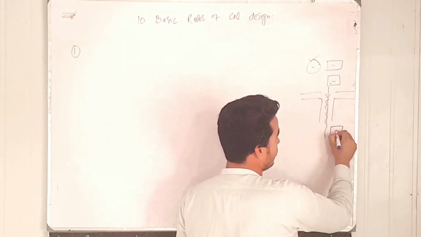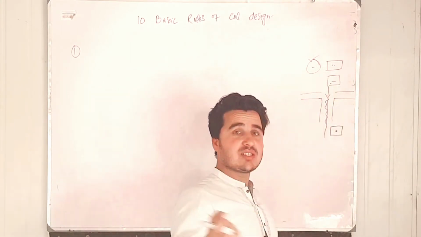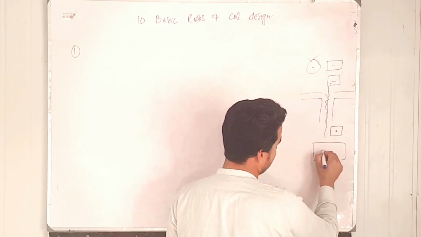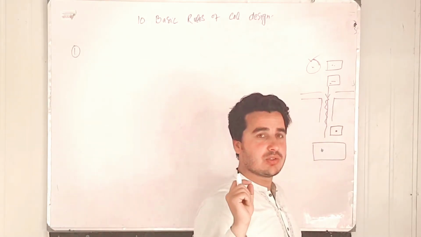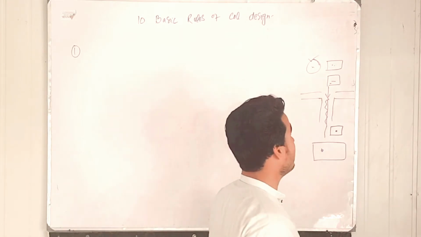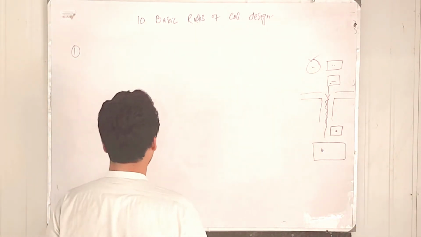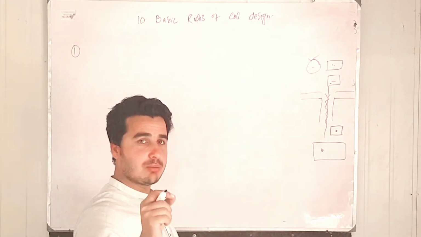And if the load is on any side, like load is here, then you will have to go for a rectangular column instead of a square or circular column. So this was rule number first, choosing the shape of the column during the column design process.